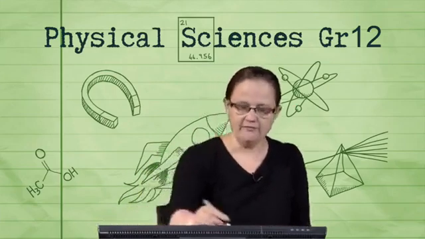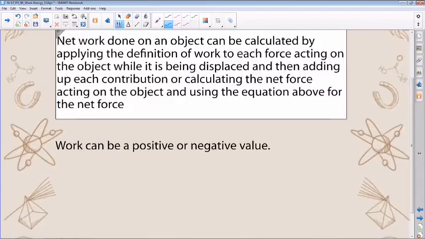Now, work can either be negative or positive, and positive work means that we are increasing the energy of the system. So when I'm pushing a box, I'm giving it kinetic energy. That's positive work. Negative work is friction.